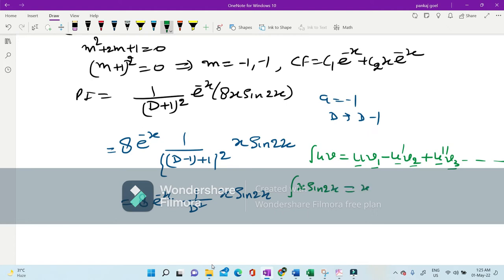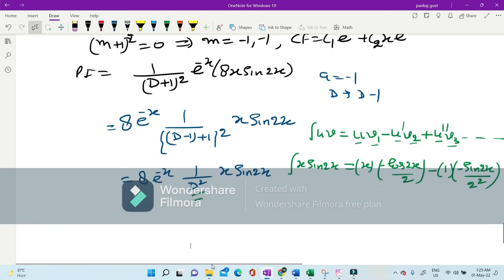You can see first function is x, the integration of sin 2x will be equal to minus of cos 2x upon 2, minus the differentiation of x, 1, and this is minus of sin 2x upon 2 square. We get this. And 1 upon D square means we will integrate 2 times.